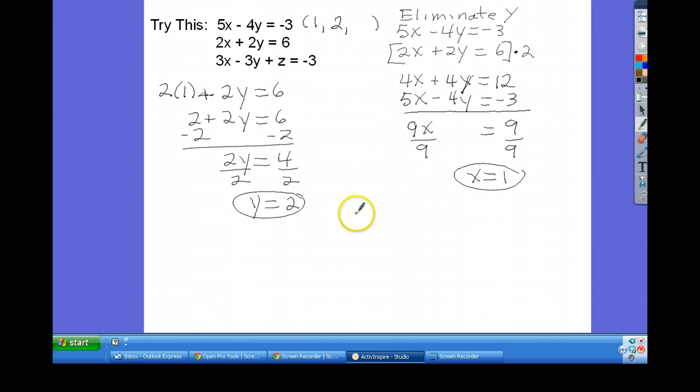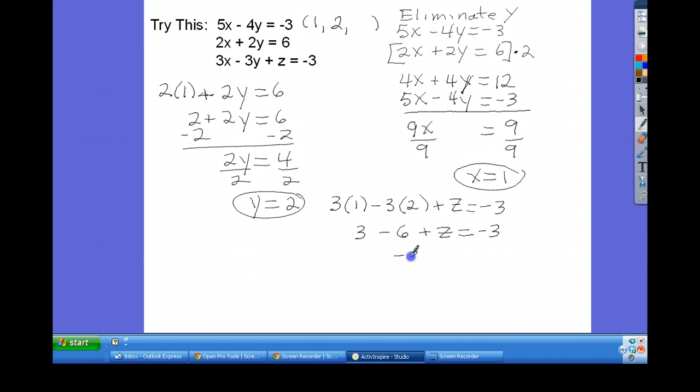Take these two to the 3 variable equation and plug them in. 3 times x, but we put 1 in for x, minus 3 times y, but we put 2 in for y, plus z equals negative 3. Multiplying, 3 minus 6 plus z equals negative 3.